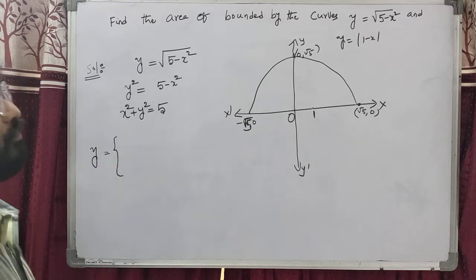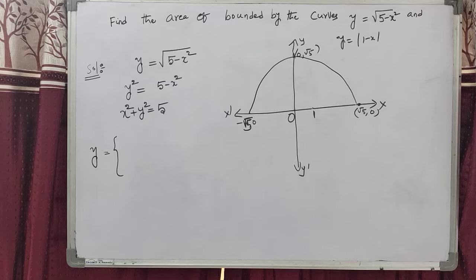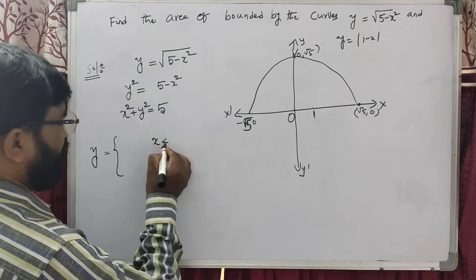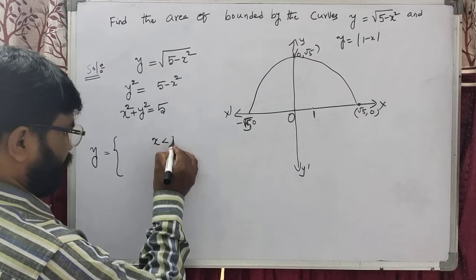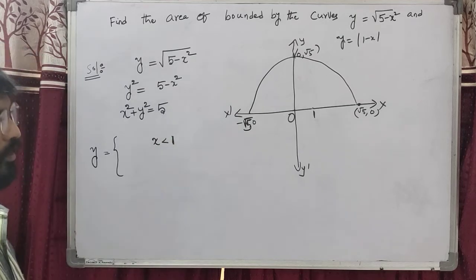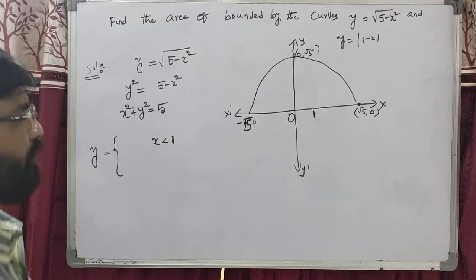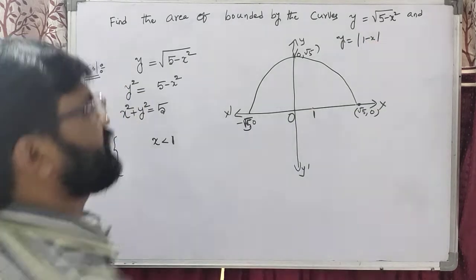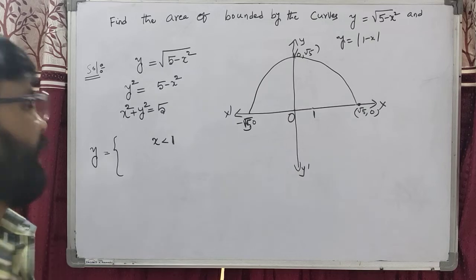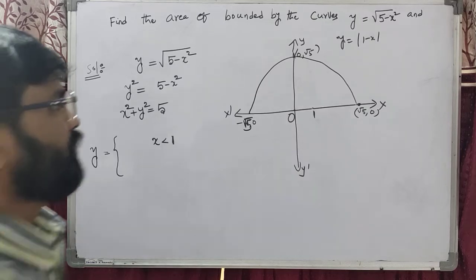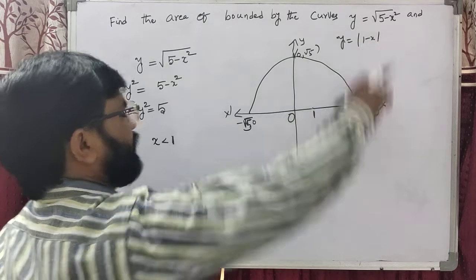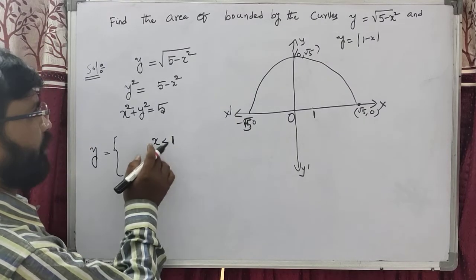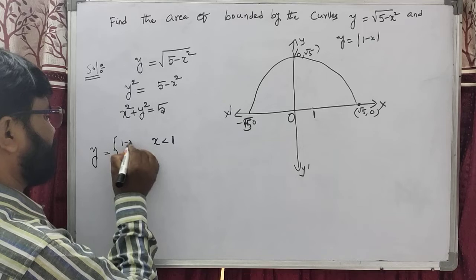That means when x is less than 1, undoubtedly this is 1 minus x. When we take x greater than 1, suppose we take 2, that is a minus, therefore when x is less than 1 we get 1 minus x.